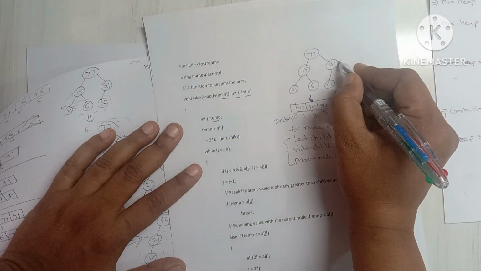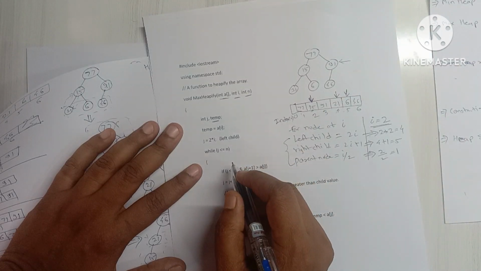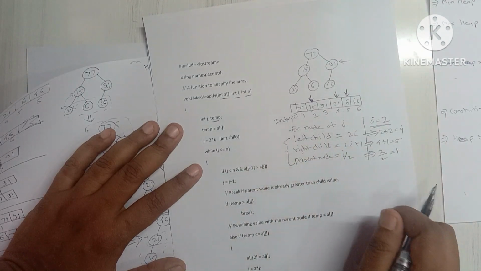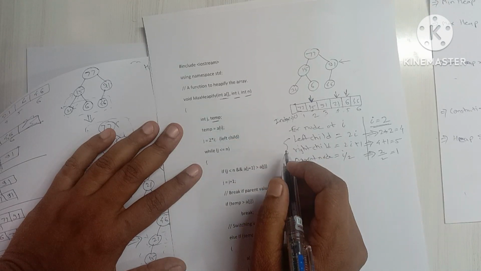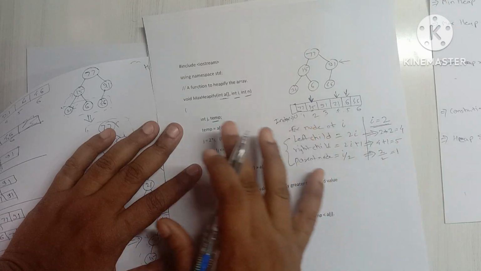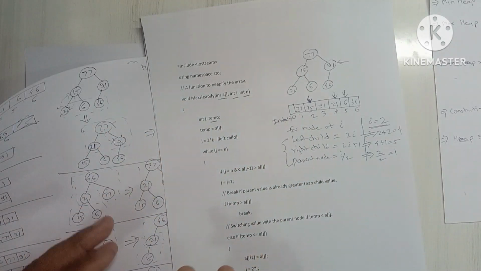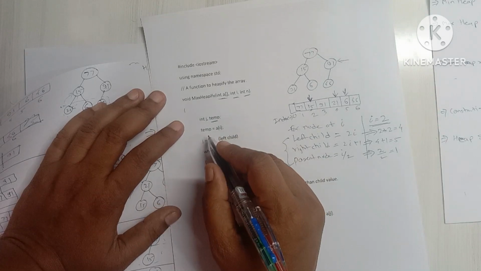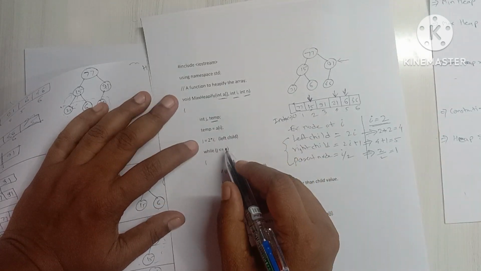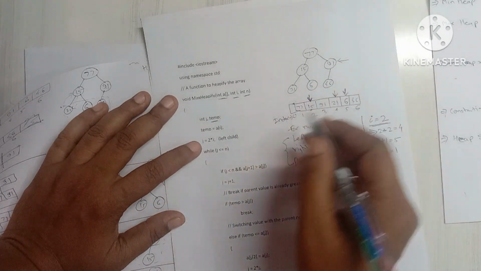Suppose first we need to process this element 91, which is at the third location. So 91 will be stored into temp, the variable we have taken for storing the processing node.